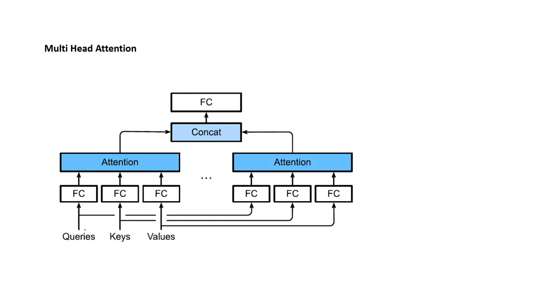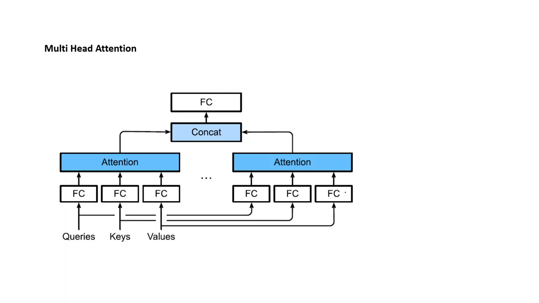So now, instead of just taking one set of that, we are taking multiple sets of queries, keys and values. The queries, keys and values will be the same, so what will differ is the weights we will be using. The weights used in the fully connected layers for the query, key and value will be different, so the weights will be independent.